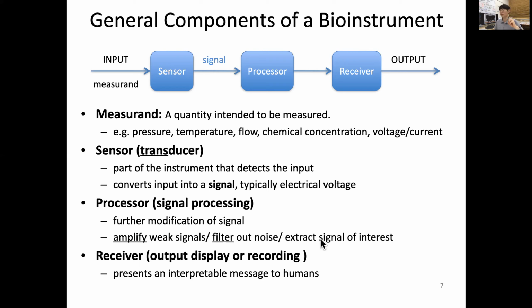Collectively, we call all this signal processing. After signal processing, we get to the receiver, for example an output display or recording, which presents an interpretable message to humans, clinicians, or the patient. So in a nutshell, the input is sensed by the sensor or transducer and converted into an electrical signal, you process the signal, and then it goes to the receiver to display or record the results as an output.